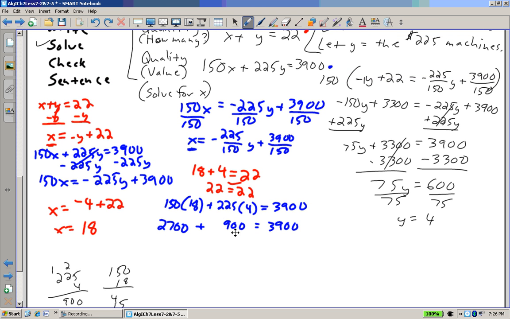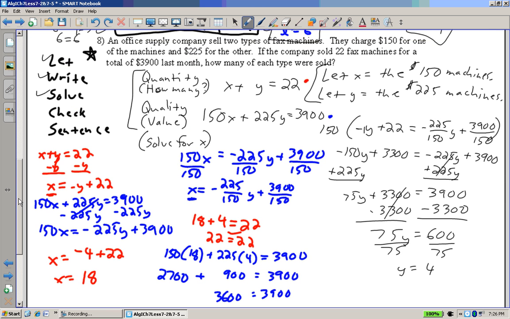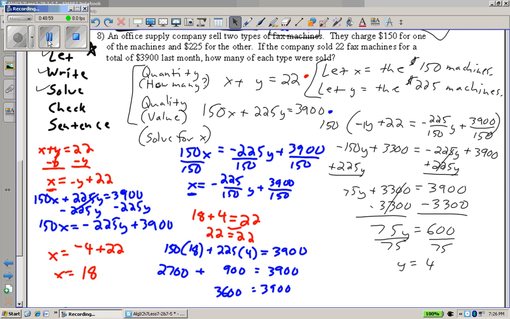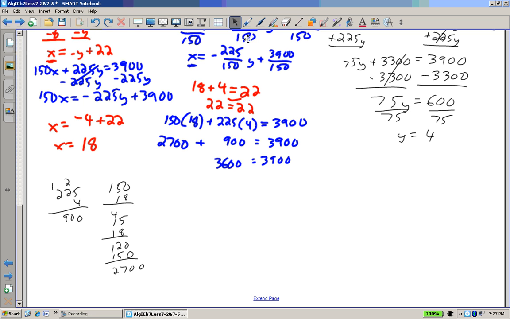And 27 plus 900 is going to be 3,600. So I've got to go back and look at my work and see exactly what I have done. Okay, figured out the problem. 600 divided by 75. Oops, that is 8, not 4. This is why it's so important to go back and check your work.